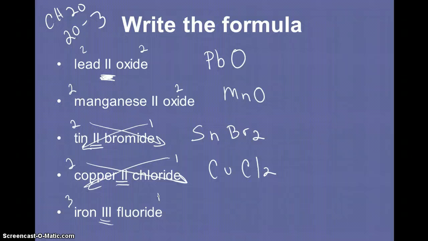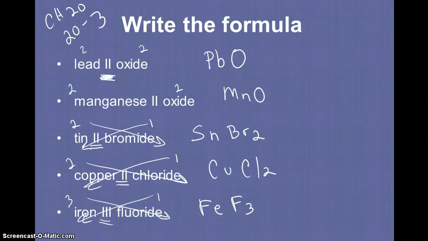Okay? Only on the nonmetals are we doing that. In the metals, we have to choose, and you have to tell me which oxidation state you're using on those transition metals because many of them do have more than one. So let's go ahead and write this formula for iron 3 fluoride. FeF3. Again, the 3 goes after fluorine, the 1 goes after iron.